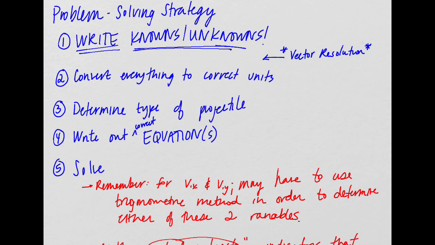All right, so some tips for while you're doing these practice problems. Be sure you follow this problem solving strategy. This is going to save your life. Second tip, when you're determining the type of the projectile, remember there are 3 types. There are dropped, even though I said we're not going to do a lot of those, you will still see at least one dropped projectile problem.